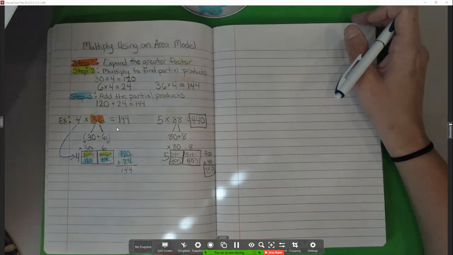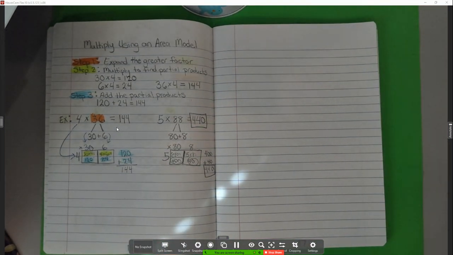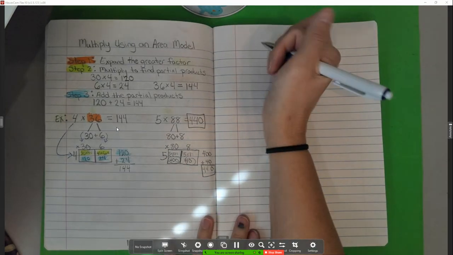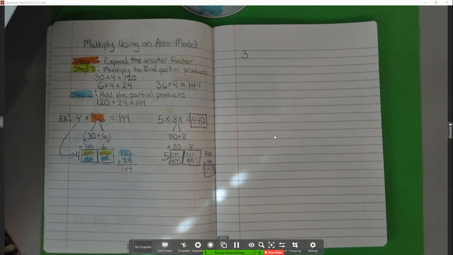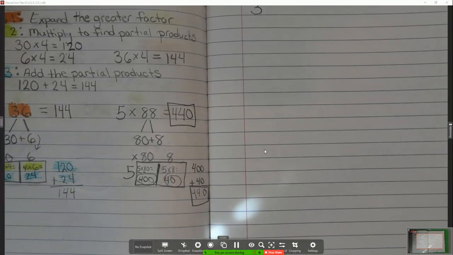I need someone to give me a number with just 1 digit in it. Amber, go ahead and give me a number with 1 digit. 3. Okay, let's write 3. I'm going to zoom this in.